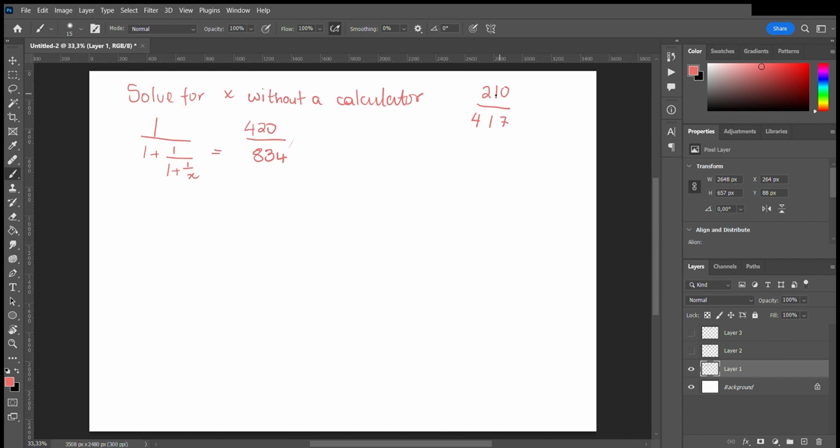You can divide more if you want, but let's leave it at that and then go into solving the equation.